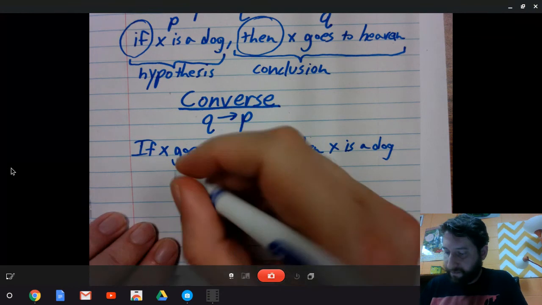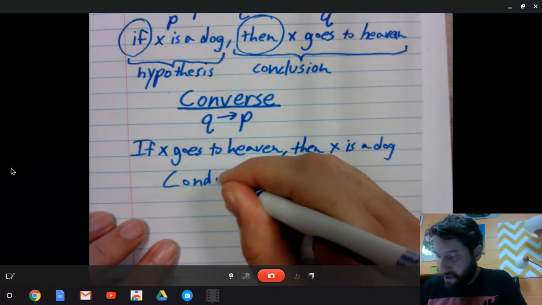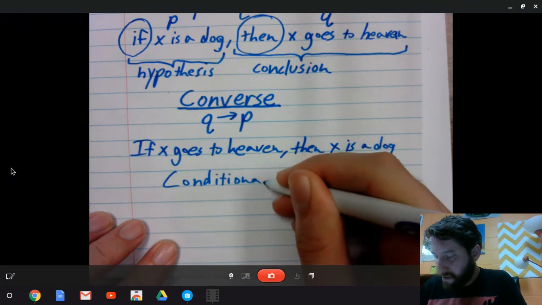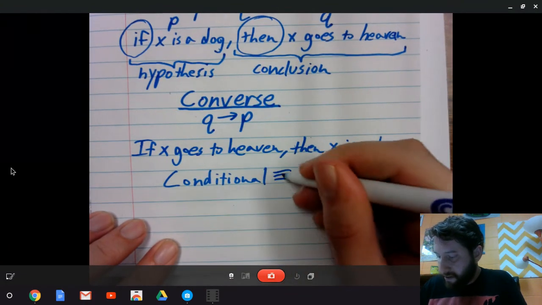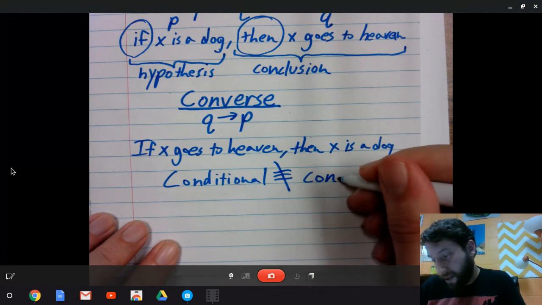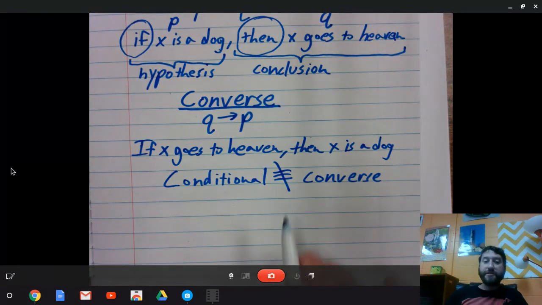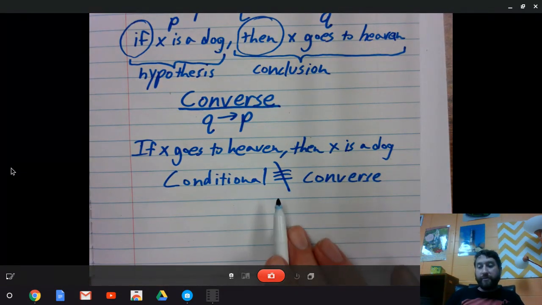So conditional, I'm going to write this down because this is important. Conditional is not logically equivalent to the converse. Sometimes it is, and we're going to get to that because there is a special case when these two are equivalent.